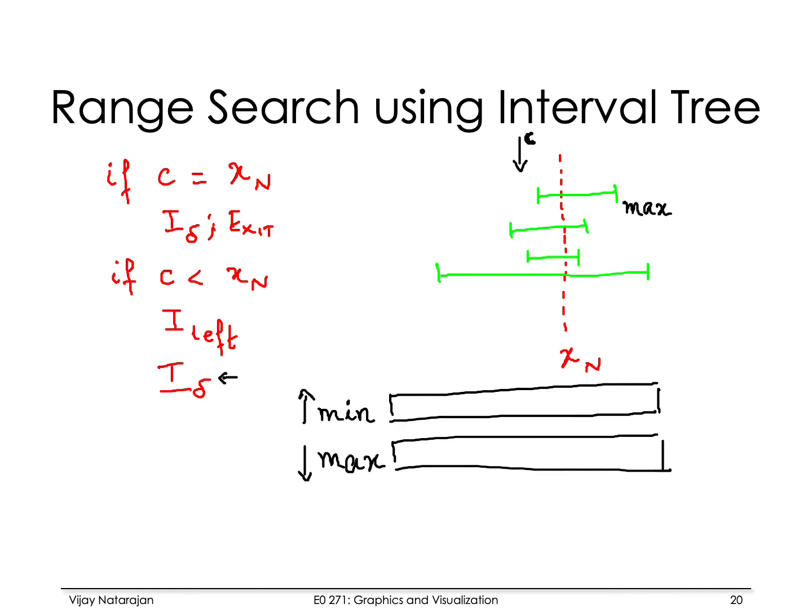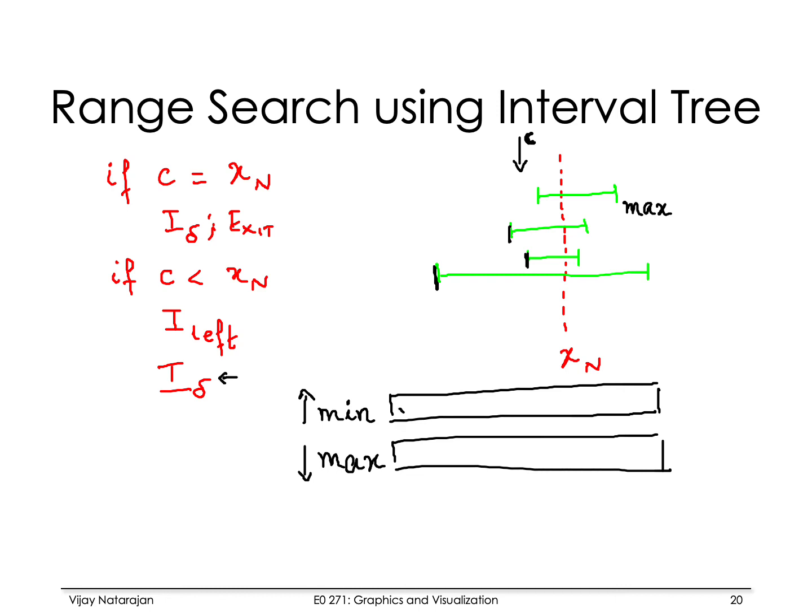Let me switch. Right. So this is the first one, first interval, and then the second one. But when I hit the third, I already see that the min value is greater than C. So I stop my traversal.